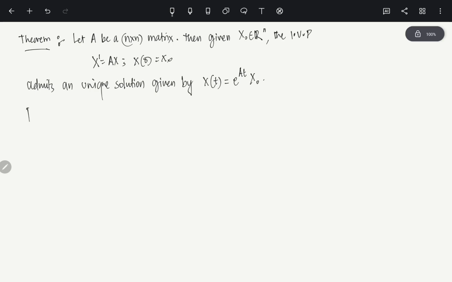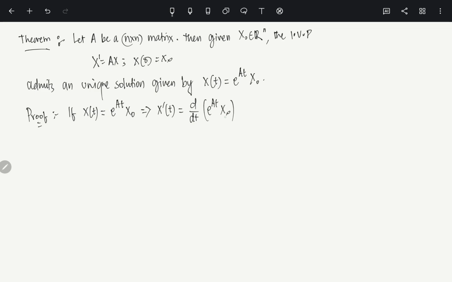See, proof. If x(t) is nothing but e^(At) times x naught, that will imply x prime of t is d/dt of e^(At) times x naught.